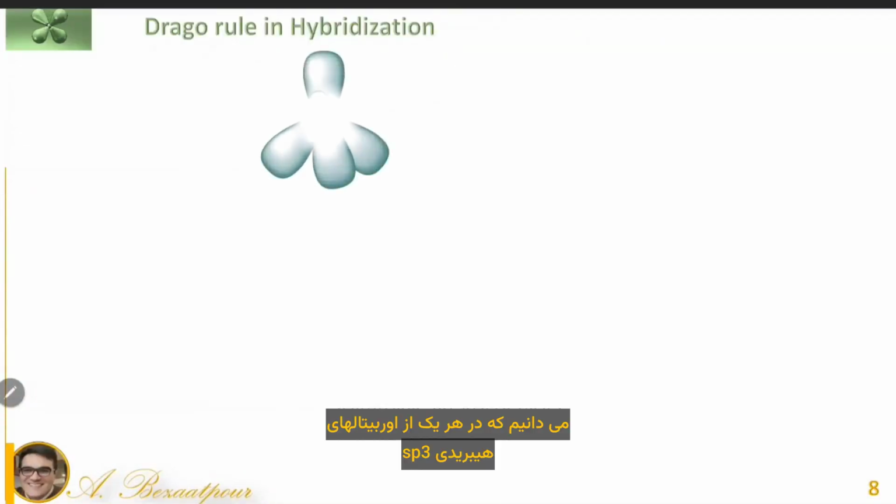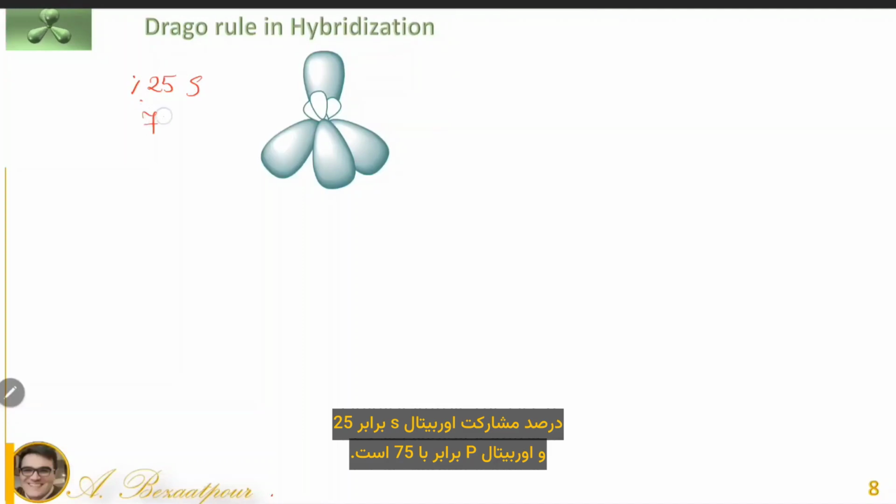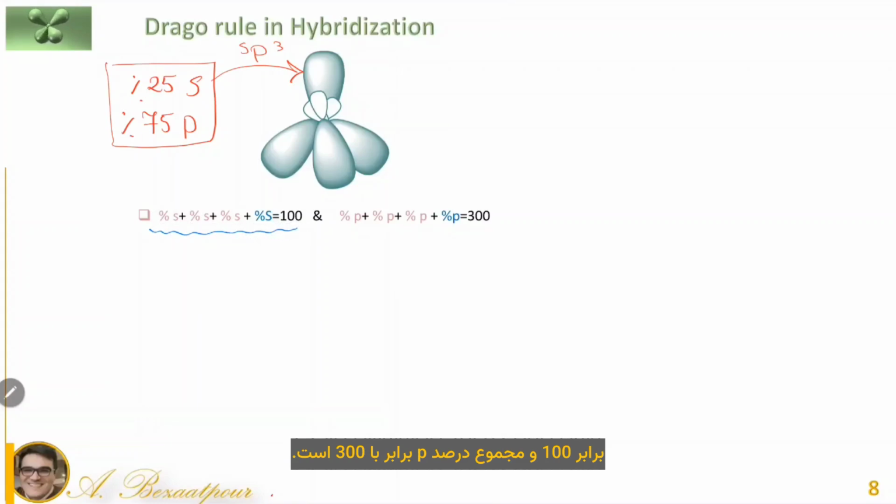We know that in each sp3 hybridization with 109.5 degree angle, the participation percentage of s orbital is 25 and p orbital is 75. Based on this fact, the sum of these percentages for all sp3 hybrid orbitals is equal to 100 for s, and the sum of p percentage is equal to 300.